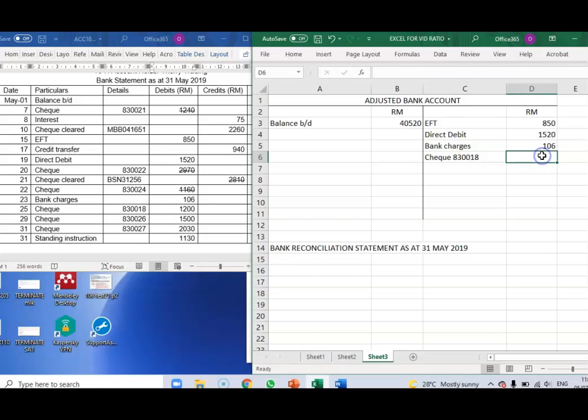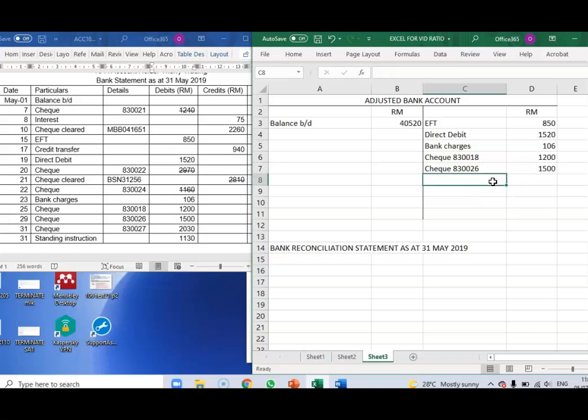So put the details and the amount is 1,200. The next is also a check, but the detail is different: 83026, and the amount is 1500.